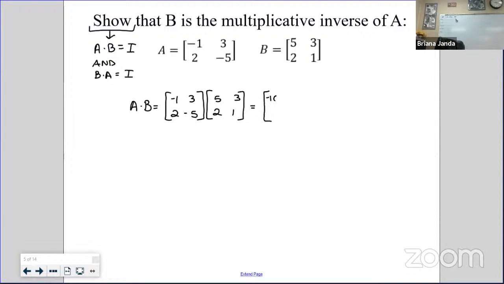So -1 times 5 and 3 times 2, right? First row times first column. First row times second column, -1 times 3 and 3 times 1. Second row, first column, 2 times 5 and -5 times 2. Second row, second column, 2 times 3 and -5 times 1.